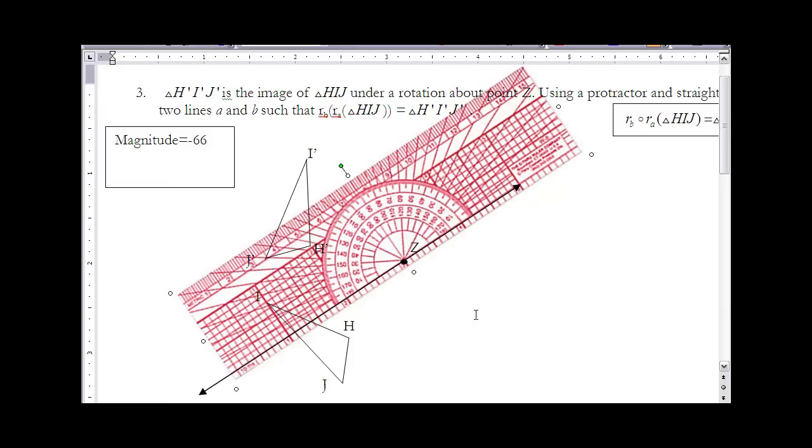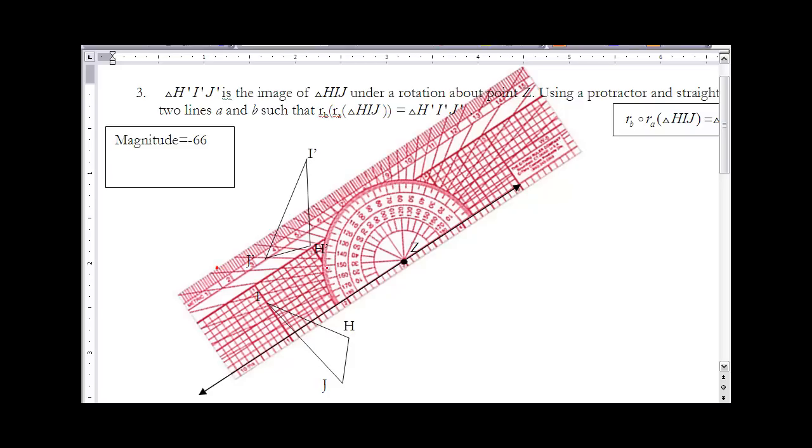So I'm going to use my protractor now. I've got my protractor on with my center at Z. I'm going to measure 33 degrees from this line in a clockwise manner. Notice how I have my protractor set up. So 33 degrees, here's my line for 30, so 33 would be about right there.